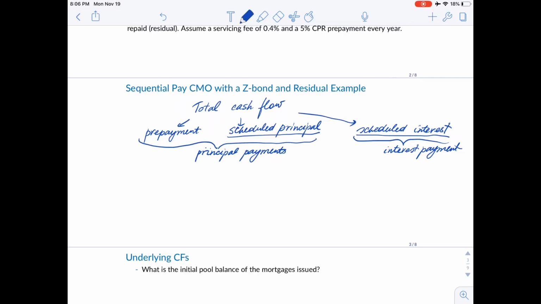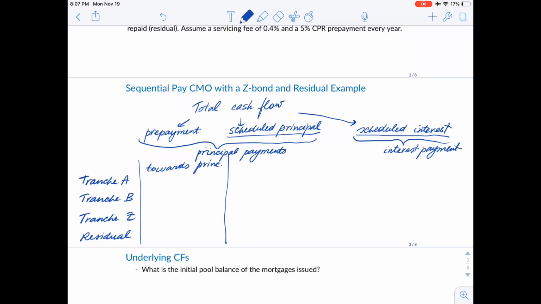So let's think about all these different tranches and what they get. So we have tranche A, tranche B, tranche Z, and residual. Right, so let's think about what they get towards principal and towards interest.